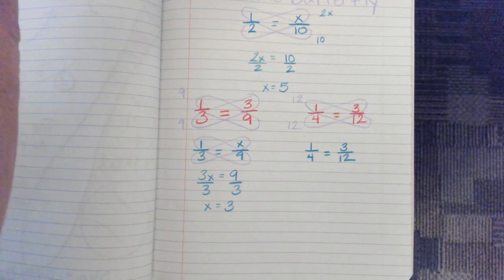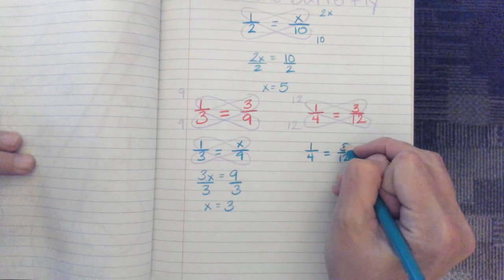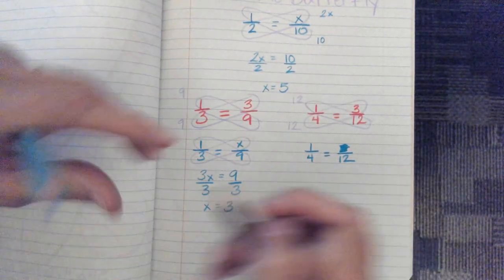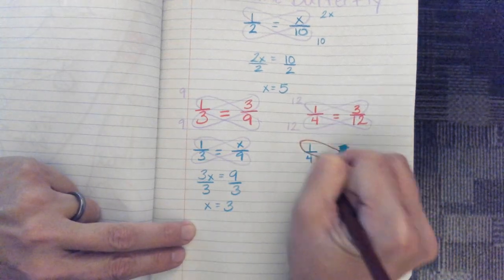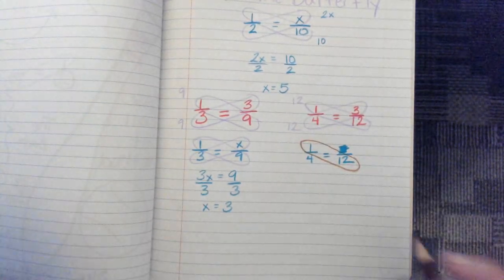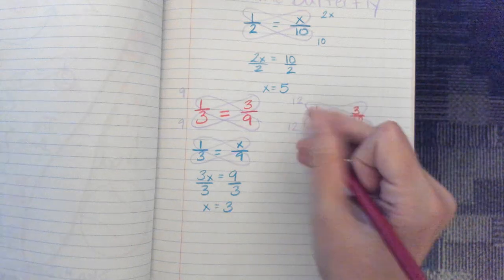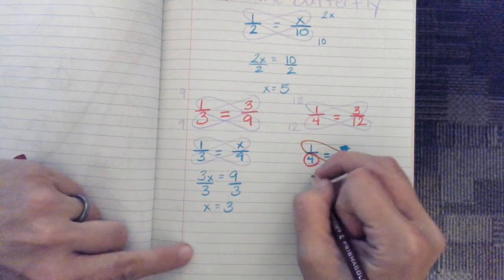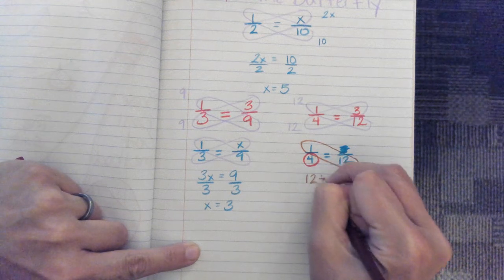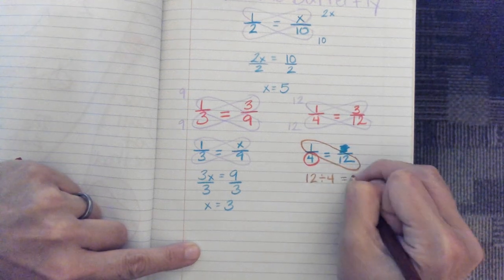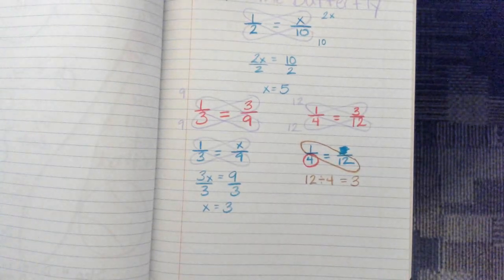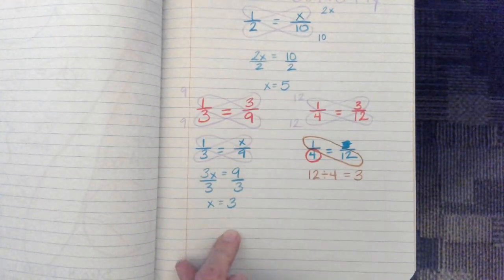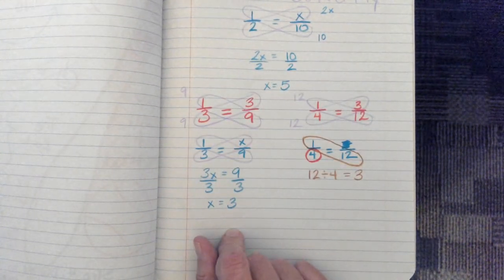I was supposed to leave this a mystery, like you don't know this number yet. That's the mystery. So you circle the diagonal that you have, and then you circle the ball. So 1 times 12 is 12, and then you divide by the ball, and that gives you your missing number. I think that's easier, but you'll hear me in other videos talking about the butterfly.